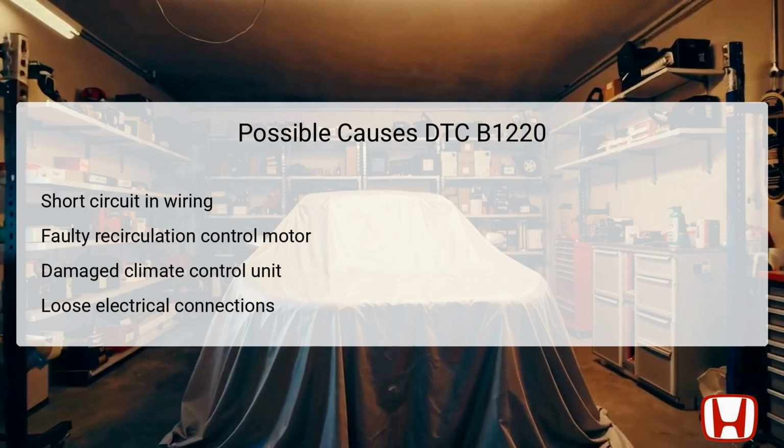Additionally, a damaged climate control unit may not correctly signal the motor, leading to erroneous readings and the triggering of this DTC. Furthermore, loose or corroded electrical connections may interfere with signals sent to and from the motor, jeopardizing the motor's ability to function efficiently. Diagnosing the precise cause is vital for effective repairs.